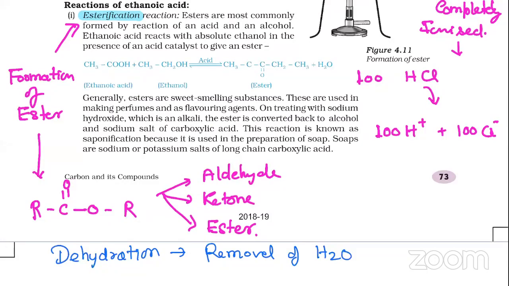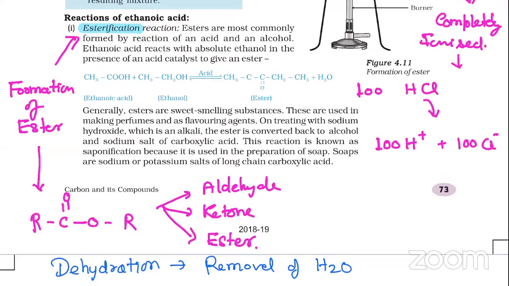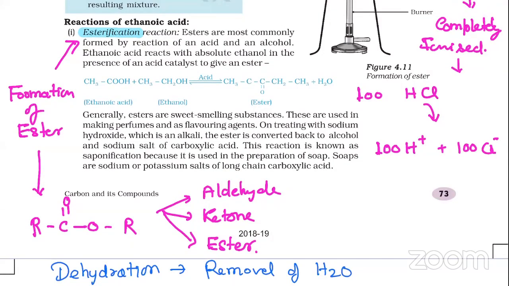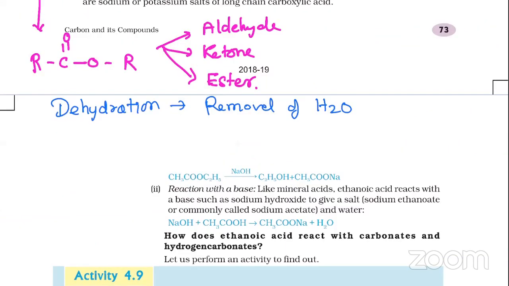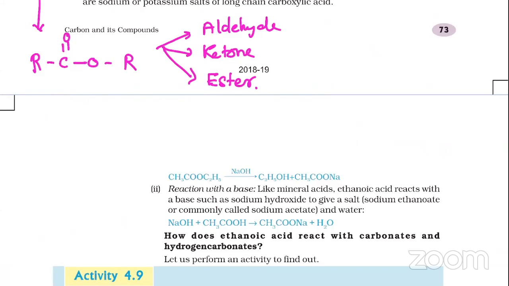So how is this reaction happening? This is CH3COOH. Which acid is it? Somebody is again asking what is the meaning of R. I have told you a million times that R is an alkyl group. Whenever you remove a hydrogen from methane, you get methyl with one free bond.